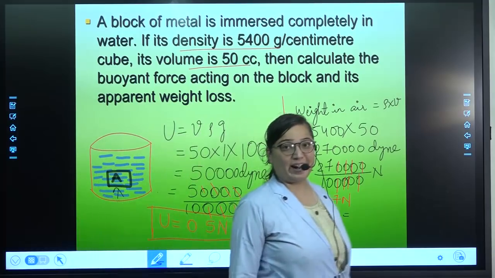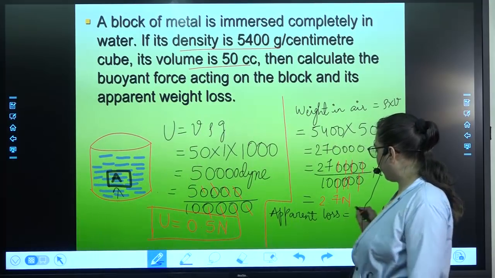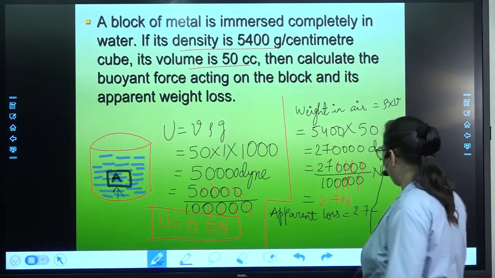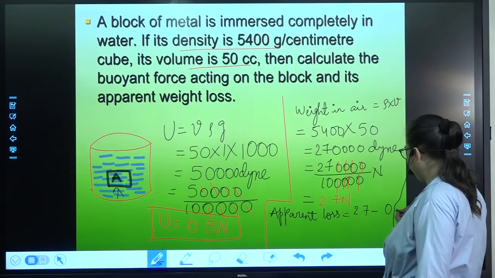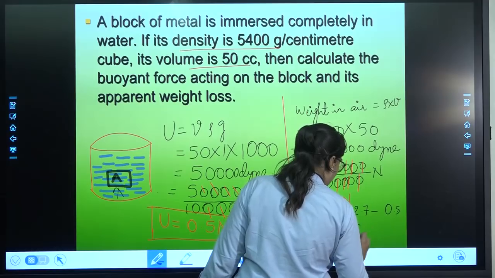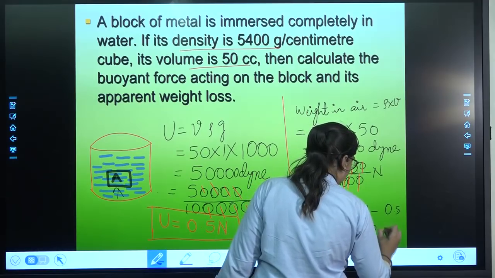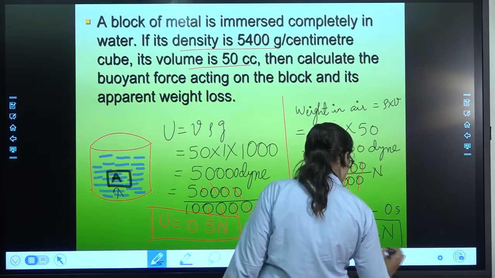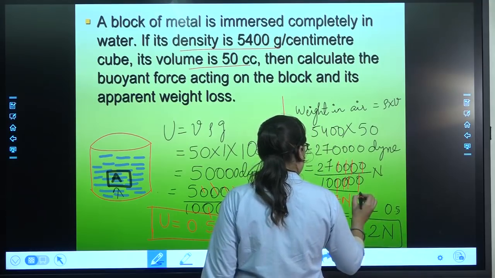So its actual weight in air is 2.7 Newton minus the buoyant force, which is 0.5 Newton. So 2.7 minus 0.5 comes to 2.2 Newton, and this is its apparent loss in the weight.